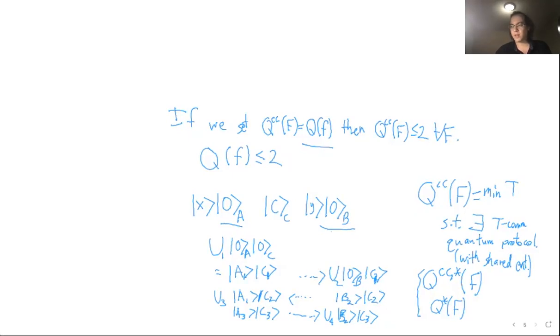As far as I know, that's still open, whether there is such a result where we can remove the shared entanglement using O(log n), or whether it's sometimes necessary. We don't have any examples where shared entanglement actually helps, except by a log n factor. So we don't actually know if shared entanglement is really helping. Does shared entanglement ever really help you?